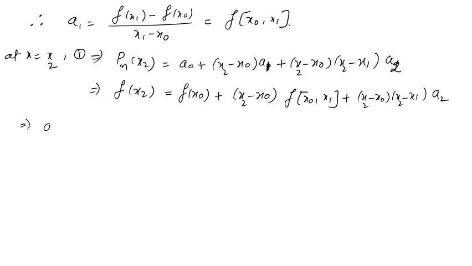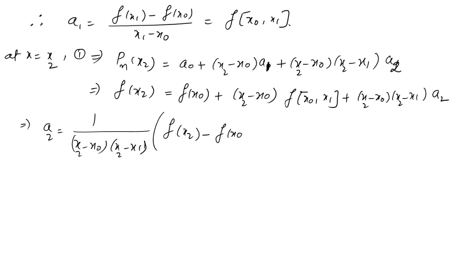From this I can write a2 as 1 by (x2 minus x0)(x2 minus x1), times the whole bracket f of x2 minus f of x0 minus (x2 minus x0) times the first divided difference. What is this value? It is nothing but f of x1 minus f of x0 by x1 minus x0.